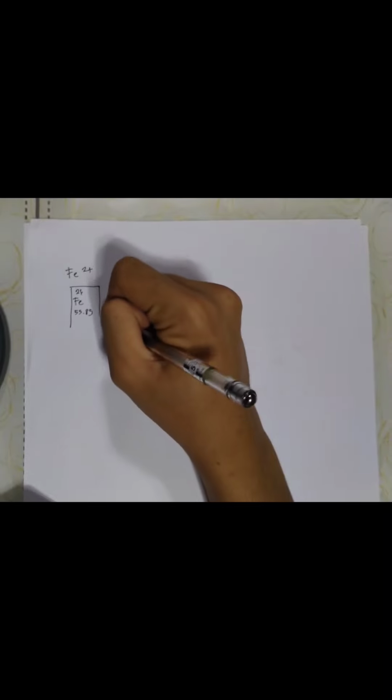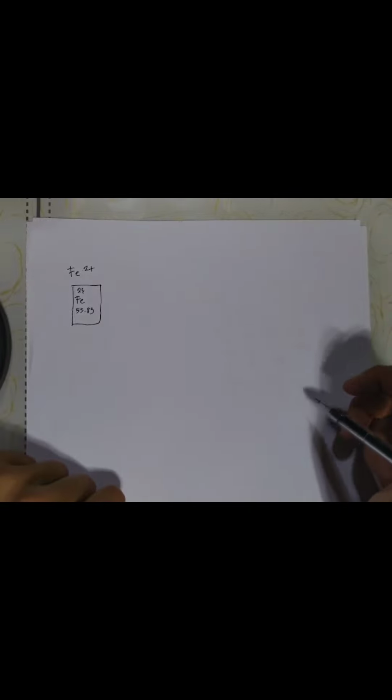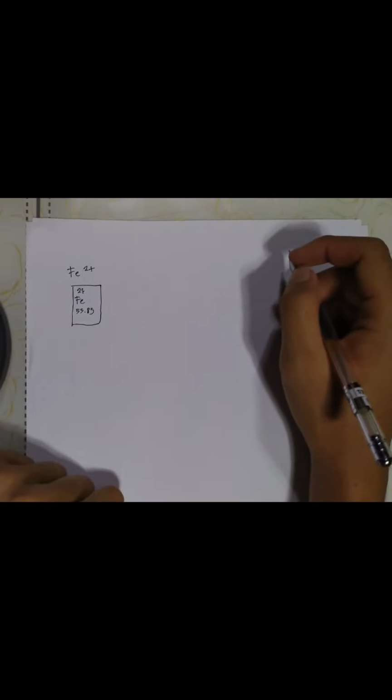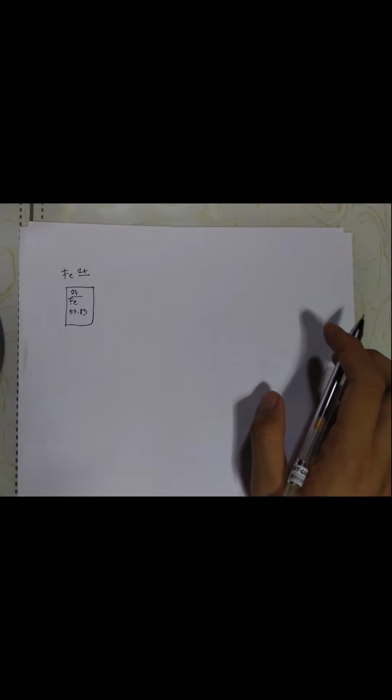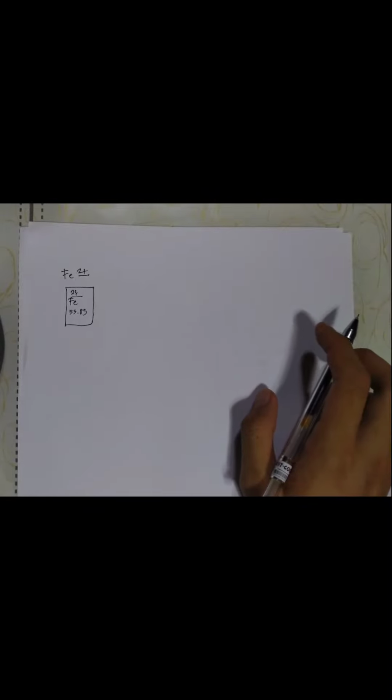This is what it looks like on the periodic table. So an atom of iron metal has 26 electrons.